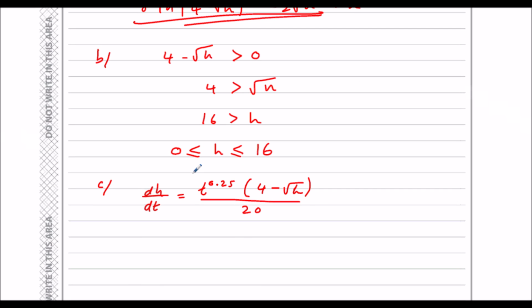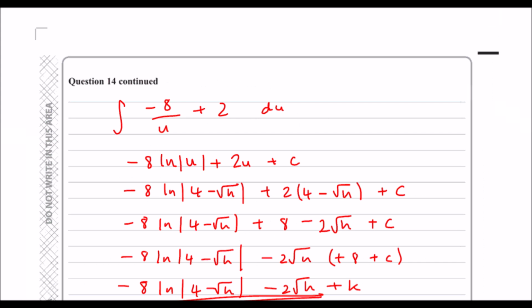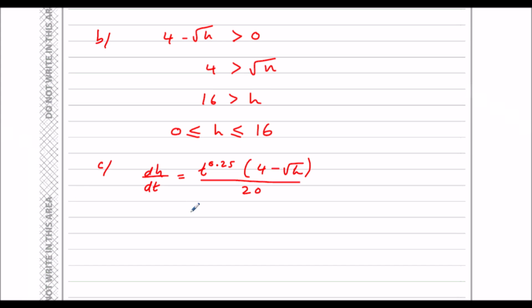So it's a differential equation. We're going to get the t's on one side, the h's on the other side. And we know we've already integrated 1 over 4 minus root h. So let's have dh over 4 minus root h equals t to the power of 0.25 over 20 dt.